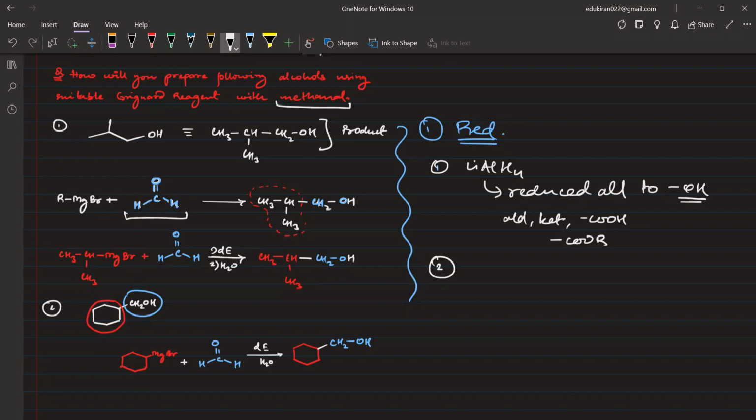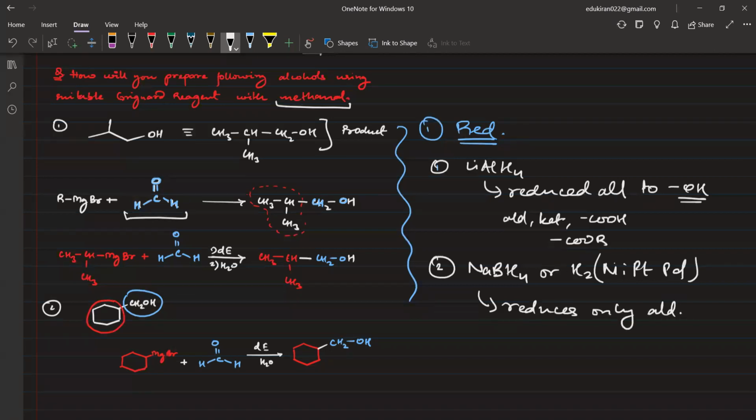Secondly, there is NaBH4, or H2 in the presence of nickel, Pt, Pd, anything. In this case, it is only going to reduce aldehydes or ketones. That's it, nothing else.